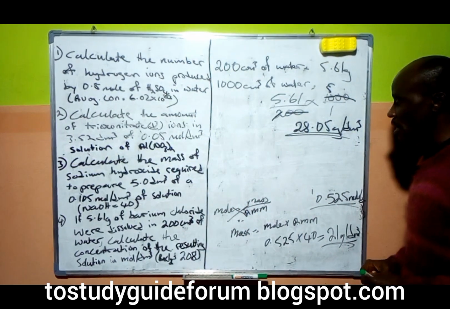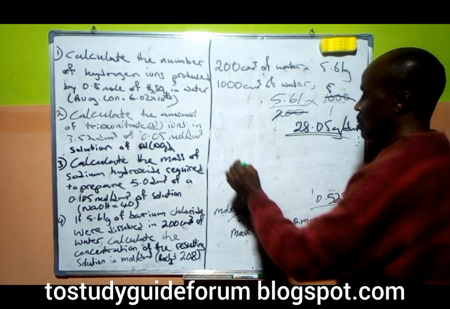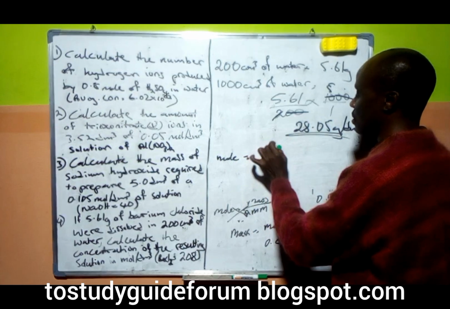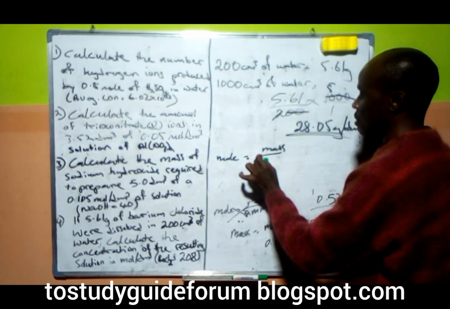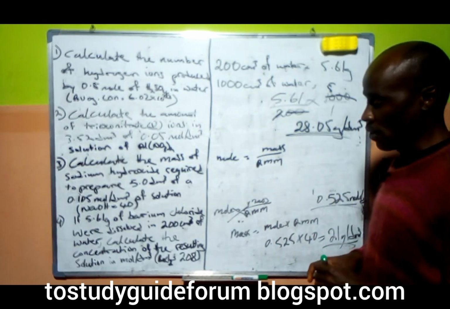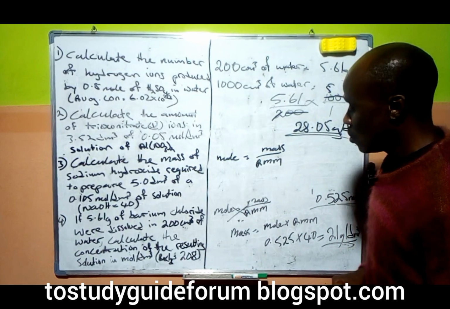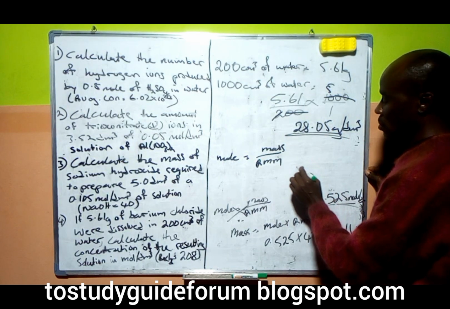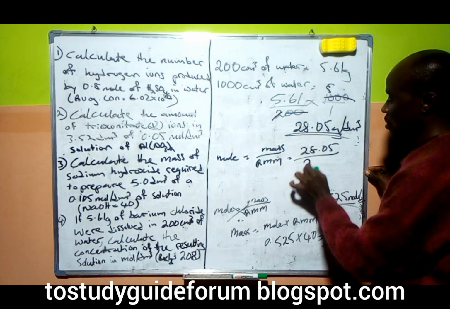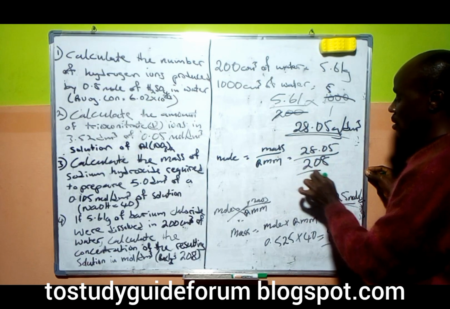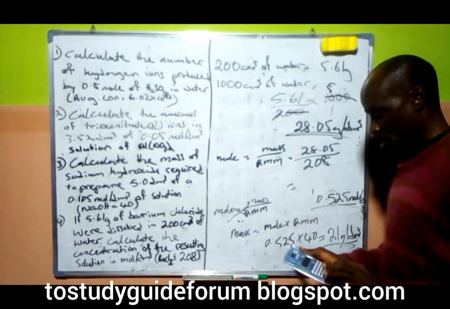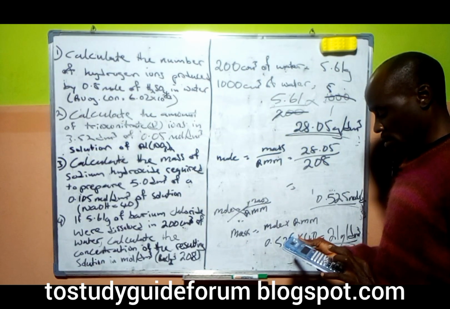To get it, we know that mole is mass over relative molecular mass, and we are given the relative molecular mass of barium chloride, which is 208. That will be 28.05 divided by 208.